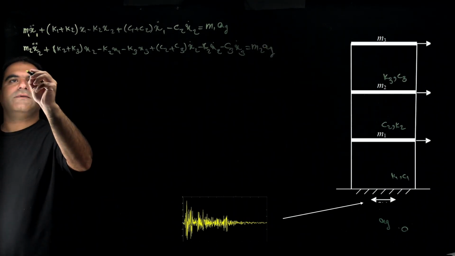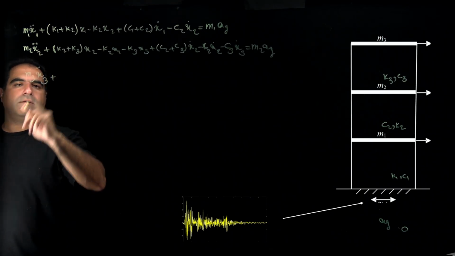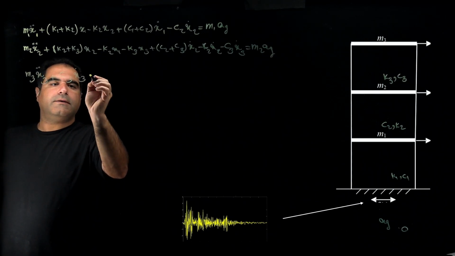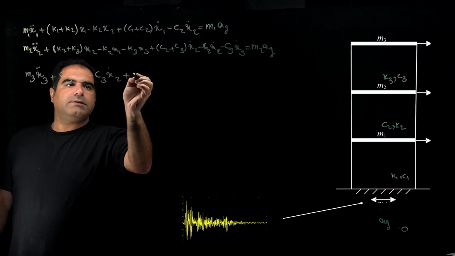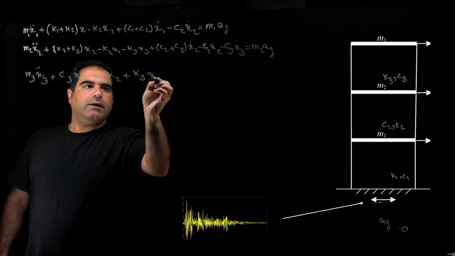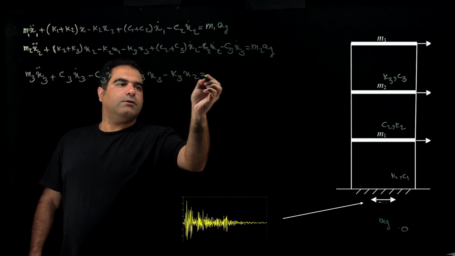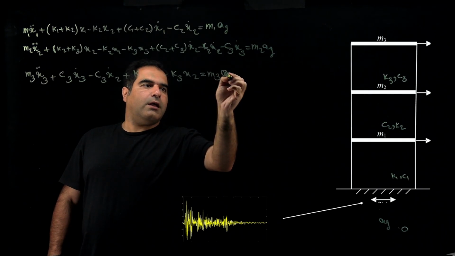And for the third degree of freedom, it will be M3 x double dot 3 plus C3 x dot 3 minus C3 x dot 2 plus K3 x3 minus K3 x2 equal to M3 Ag.